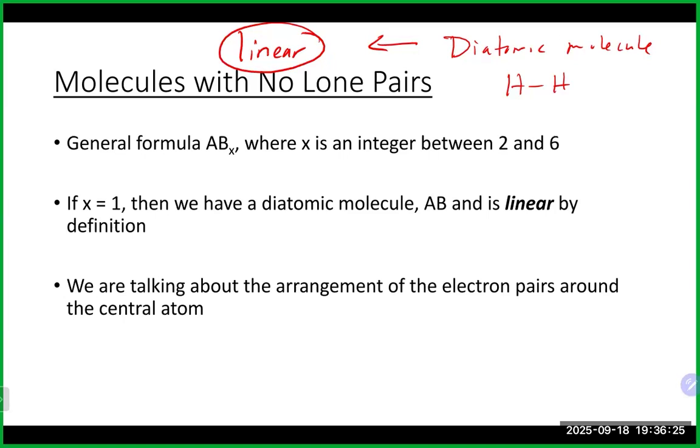By the way, it doesn't matter if it's a single bond, a double bond, or a triple bond. It doesn't matter if it's the same elements or different elements. It will always be linear. Let's try it on the model kit.